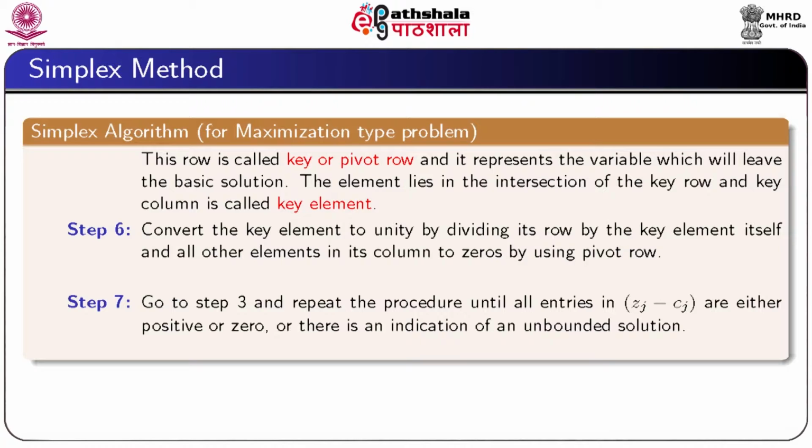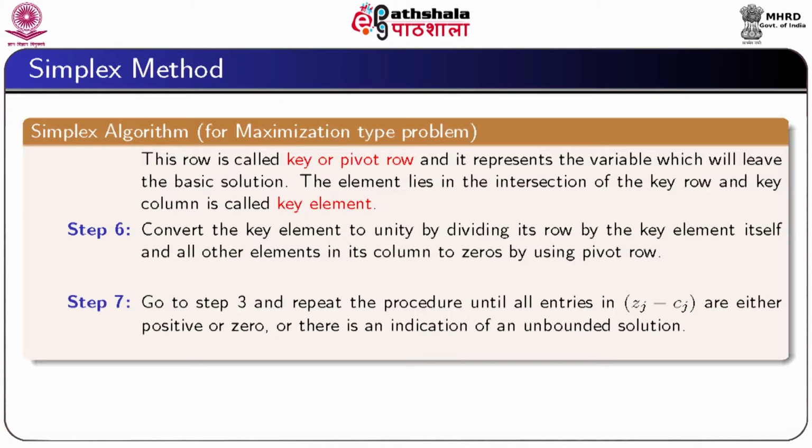The element lying at the intersection of the key row and key column is called the key element. In the next step, we convert the key element to unity by dividing its row by the key element itself, and all other elements in this column to zeros by using the pivotal row.